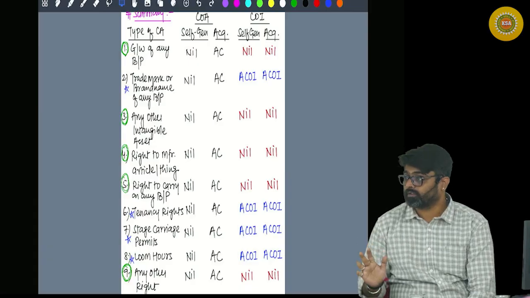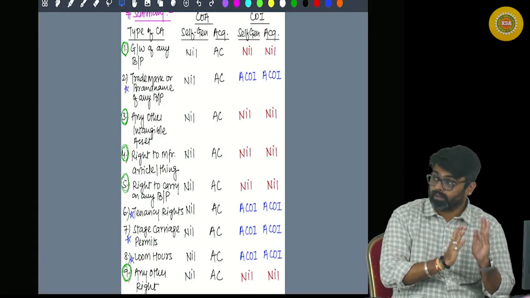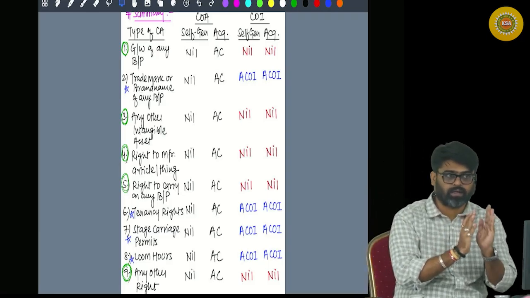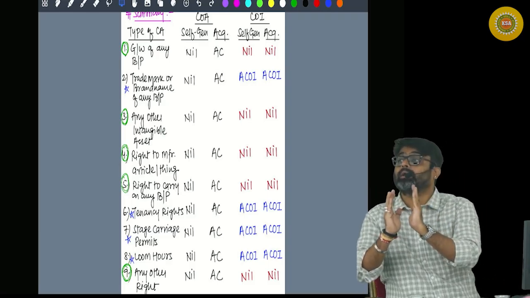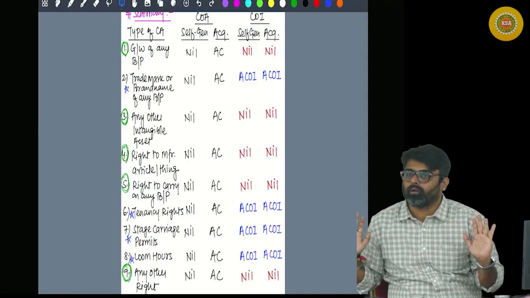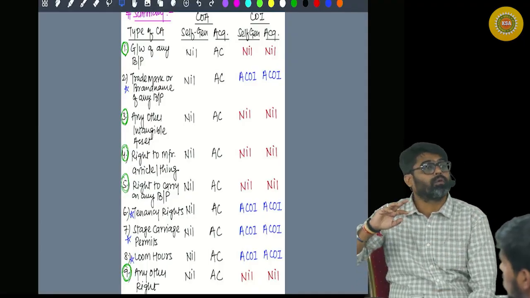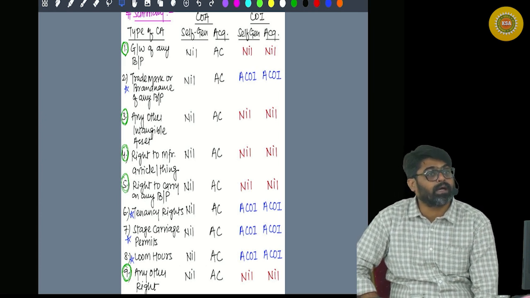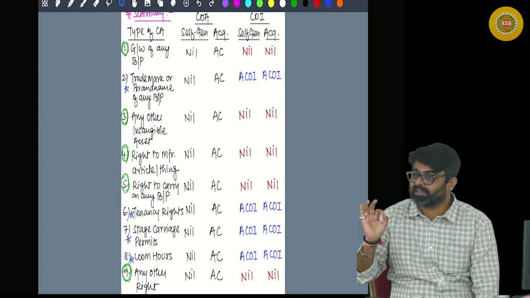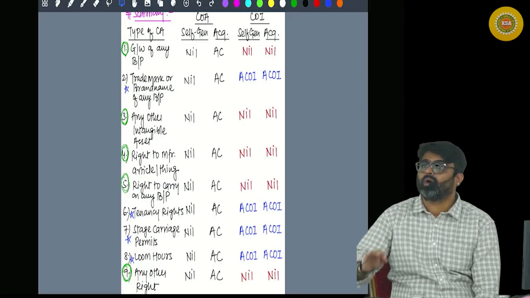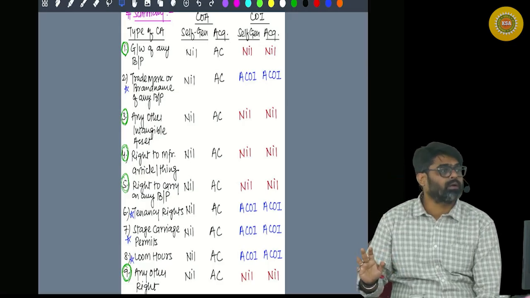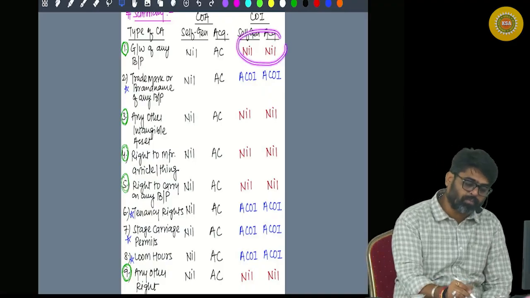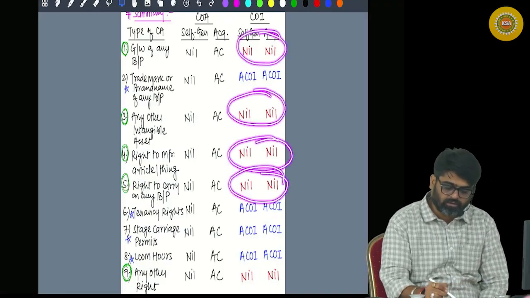Their cost of acquisition will either be nil or actual cost: if self-generated, nil, and if acquired, actual cost. But their cost of improvement, whether they are self-generated or acquired, will not make any difference. It will always be taken as nil.